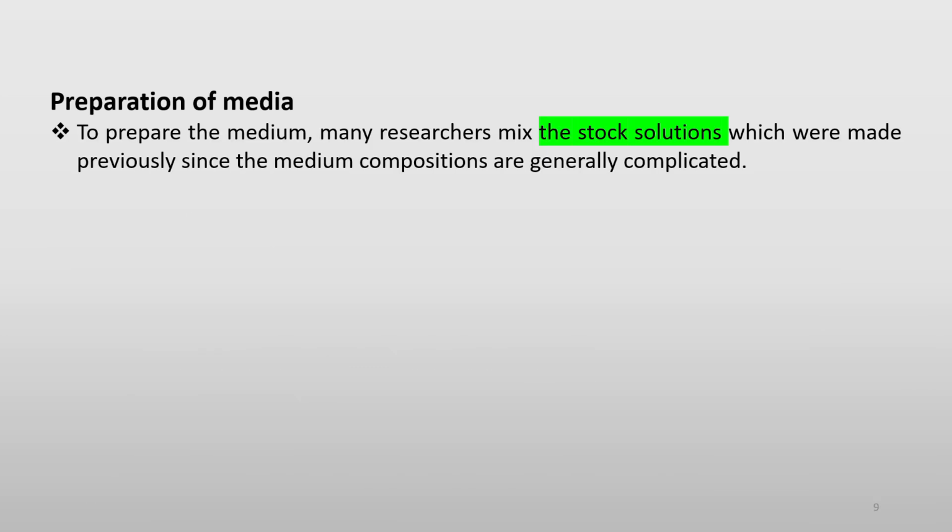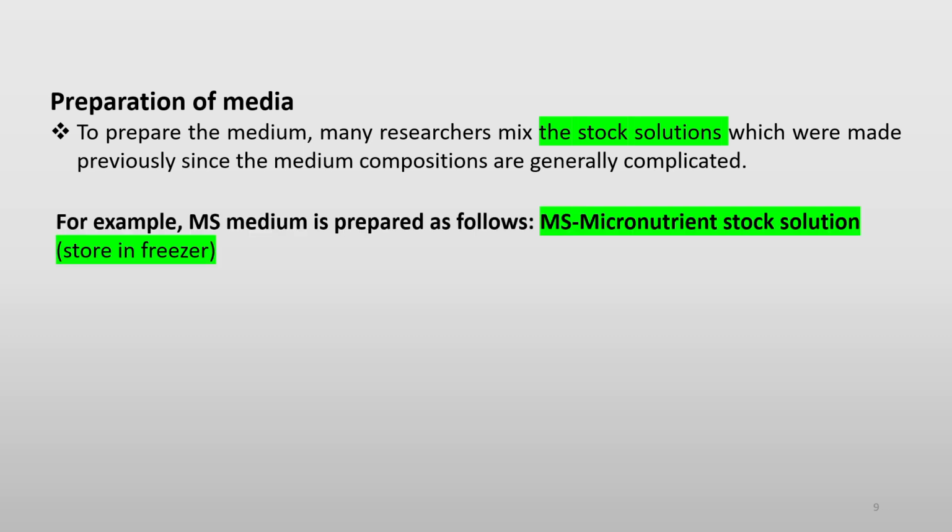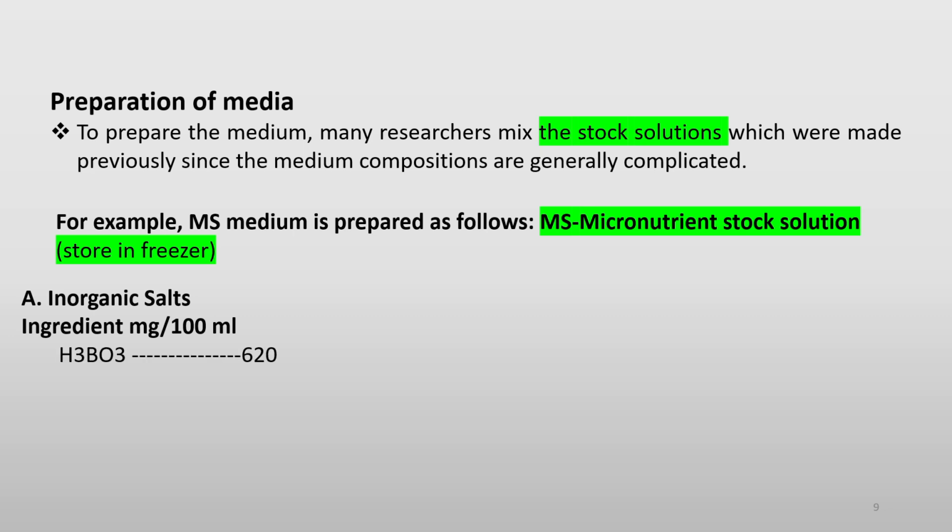Preparation of medium. To prepare the medium, many researchers mix stock solutions which were made previously, since the medium compositions are generally complicated. For example, MS medium is prepared as follows. MS micronutrient stock solution, which is stored in the freezer. A. Inorganic salts, ingredients in milligram per ml is denoted.